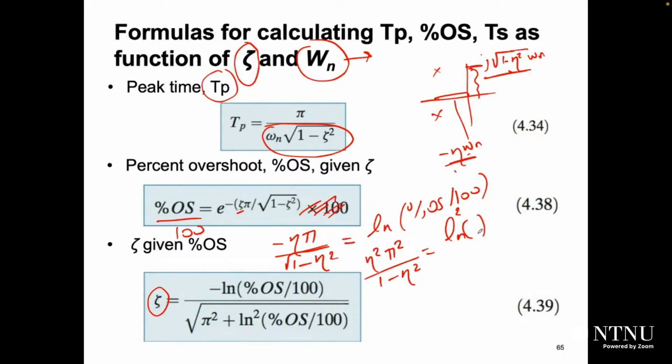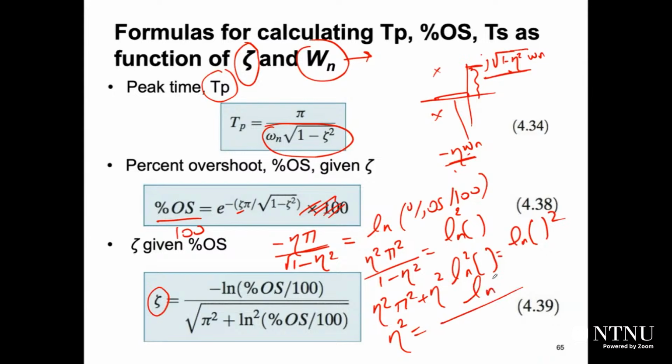Cross multiply and solve: zeta square pi square plus zeta square multiplied by ln square equals ln square. Take zeta square as a common factor, so zeta square will be ln square divided by pi square plus ln square. Take the square root of both sides.